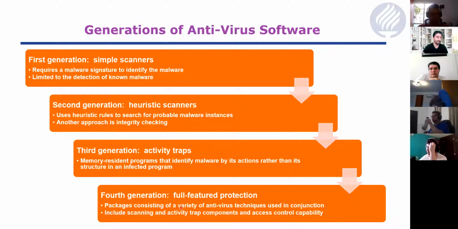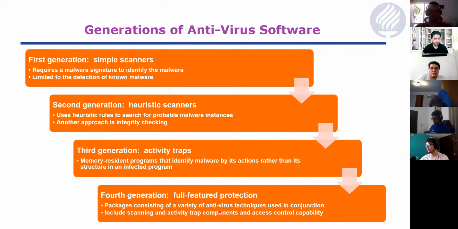And the fourth generation is basically full-featured protection, which means considering all the previous methods and combining them in order to detect malware based on their signature, based on the behavior, and using, for example, integrity checking, heuristic scanners, and so on.